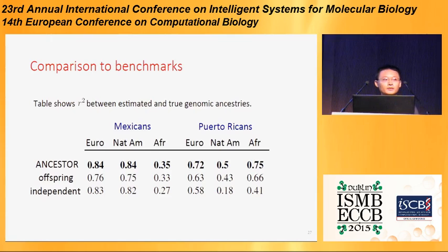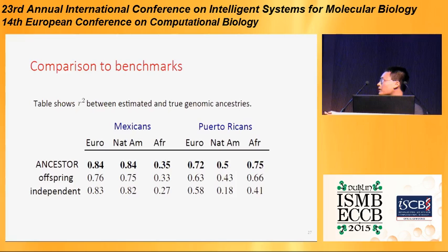The two benchmarks are, first, a very simple benchmark that is actually used in practice, where you simply equate the parent's genomic ancestries with the offspring's genomic ancestry. That's the most naive thing that people can do, but it is used. The other benchmark is where you make an independence assumption across the loci in the genome.